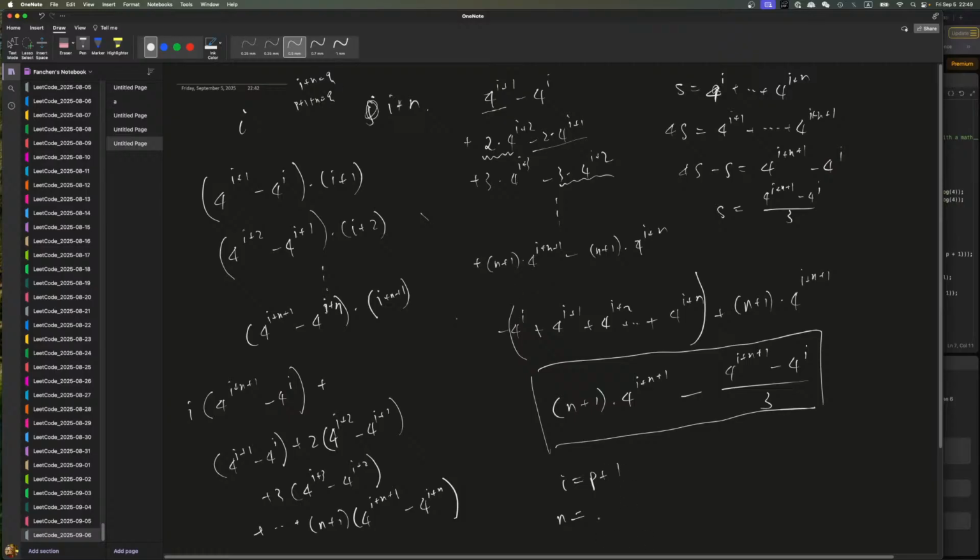So n is equal to q minus p minus 1. All right, so we put them both in.